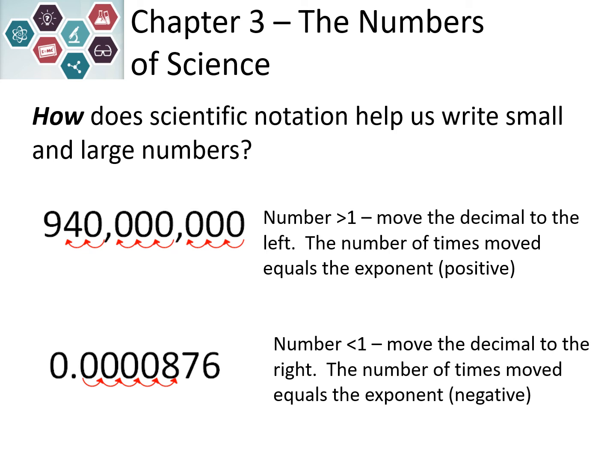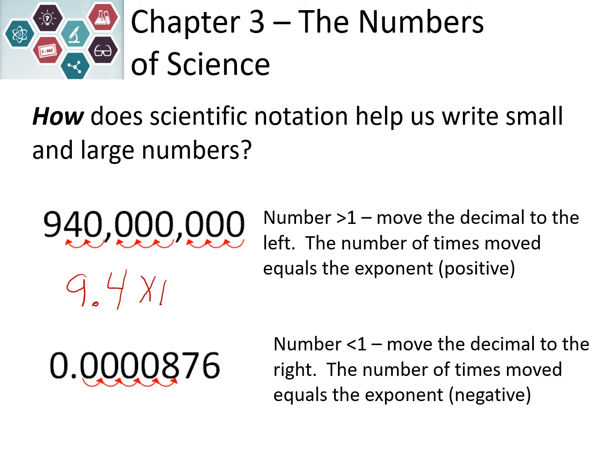So when it's a decimal, we're going to have a negative exponent. If our number is larger than 1, that exponent is determined by the number of times you have to move the decimal point. So we want our coefficient to be between 1 and 9.9. So in this case, our coefficient is going to be 9.4.